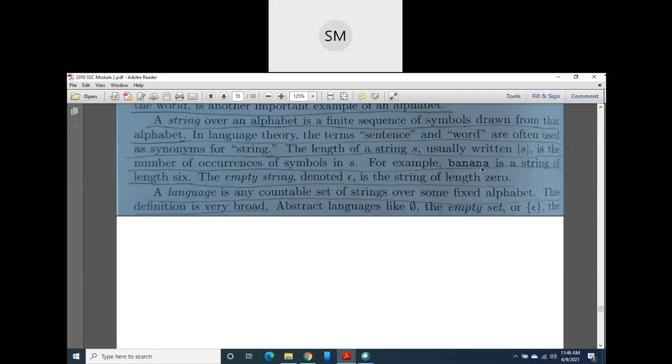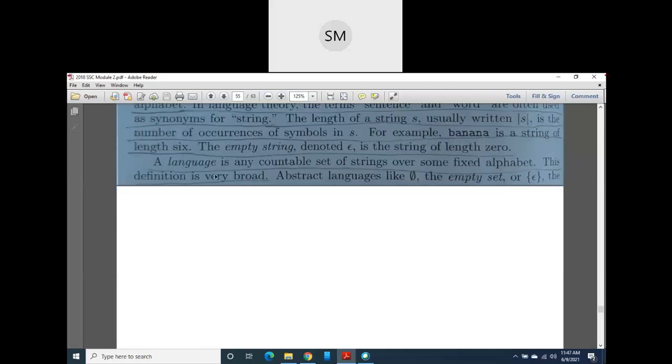For example, banana is a string with 6 symbols, so its length is 6. If a string is empty, with no characters or symbols, it is denoted by the epsilon symbol, and its length is 0.